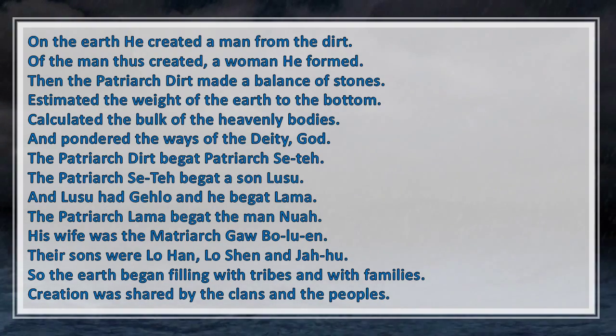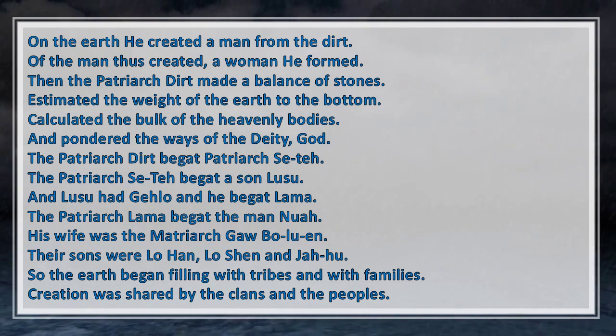Then the patriarch dirt made a balance of stones, estimated the weight of the earth to the bottom, calculated the bulk of the heavenly bodies, and pondered the ways of the deity God. The patriarch dirt begat patriarch Sete. The patriarch Sete begot a son, Lusu. And Lusu had Gehlo, and he begot Lamah.